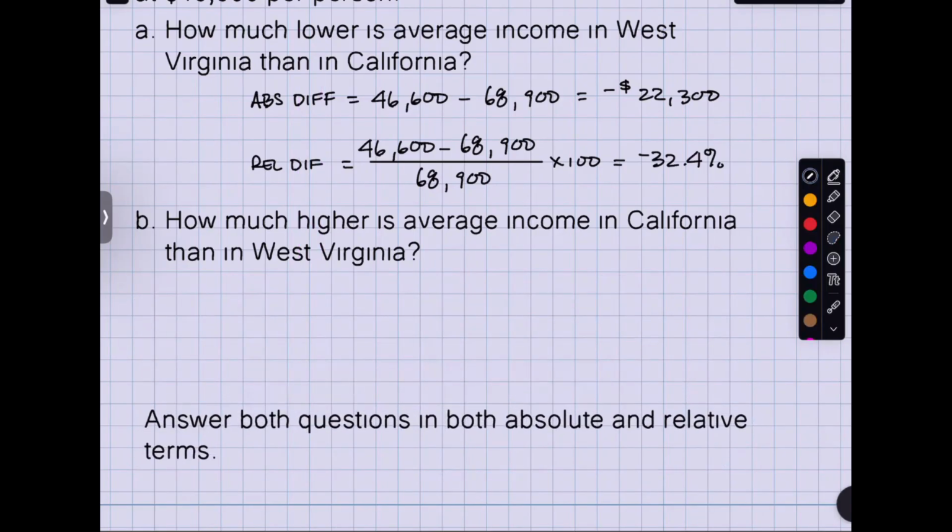How about part B? Does it change things? Do we just say it's 22,300 and 32% down, 2.4 down here? Why not? Yeah.